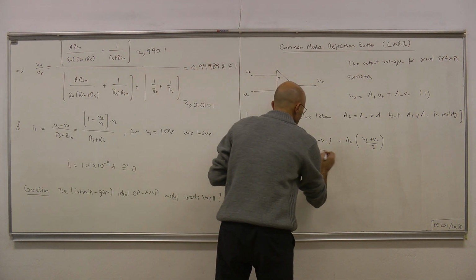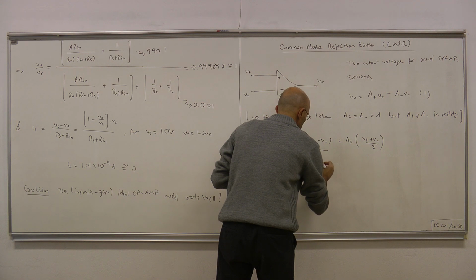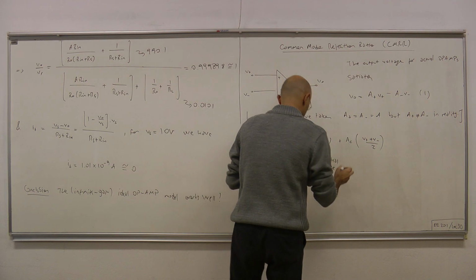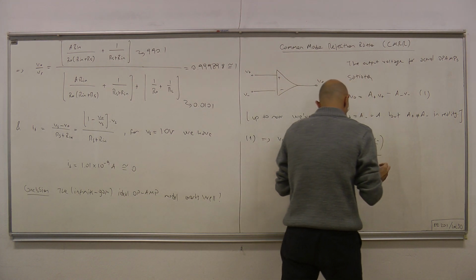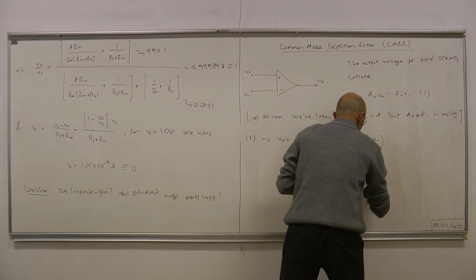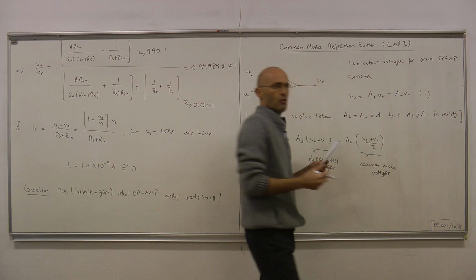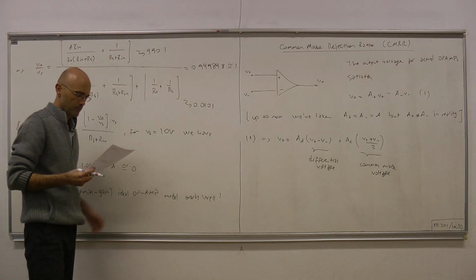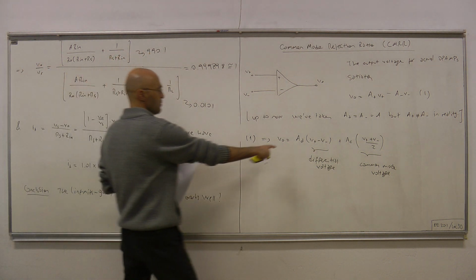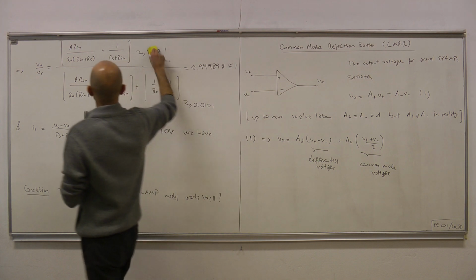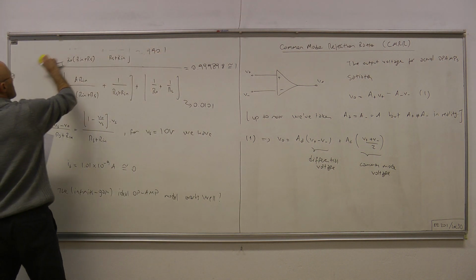So this is called the differential voltage. And this average is called the common mode voltage, okay, during operation. And these two constants, AD and AC, are defined as follows.